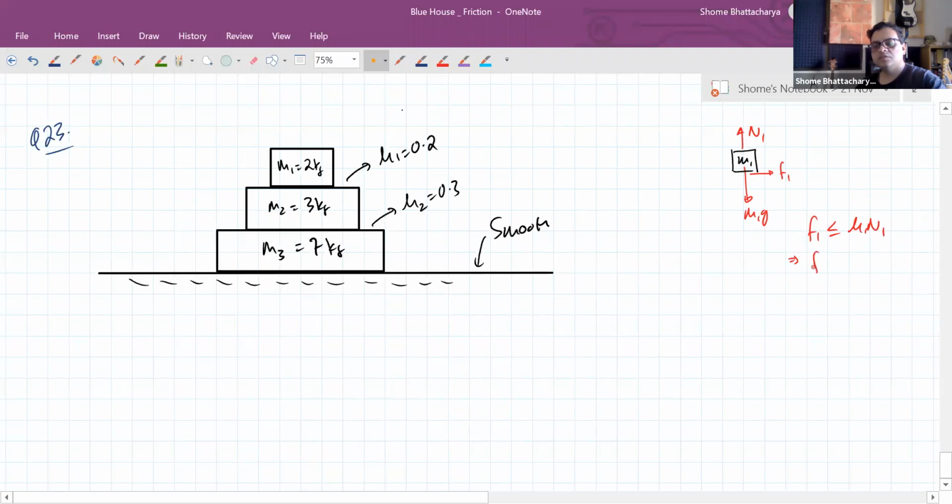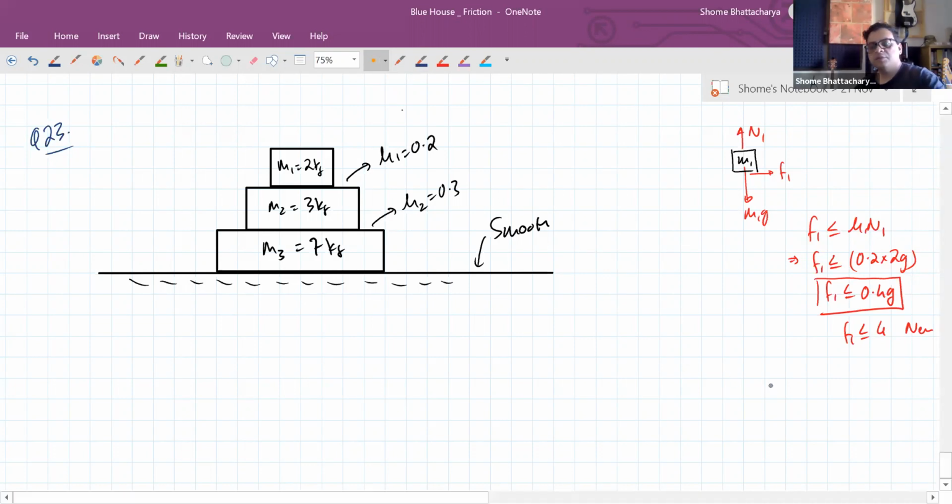That means this friction should be less than or equal to 0.2 into 2g, or F1 should be less than or equal to 0.4g. I think we have to take g as 10, so 4 newtons.